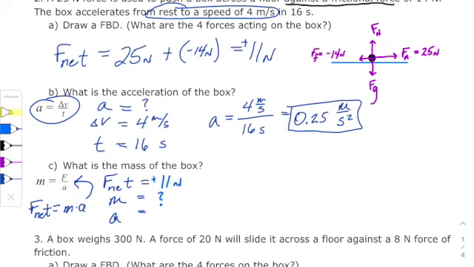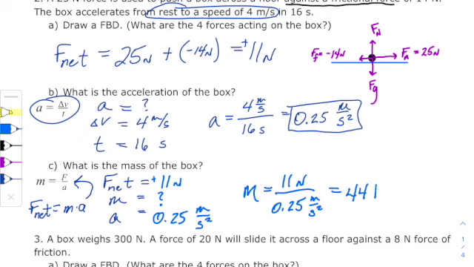We're looking for the mass of the box, and we know our acceleration is 0.25 meters per second squared. So we're going to take 11 newtons divided by 0.25. So 11 divided by 0.25 is 44, and our unit is kilograms for the mass.